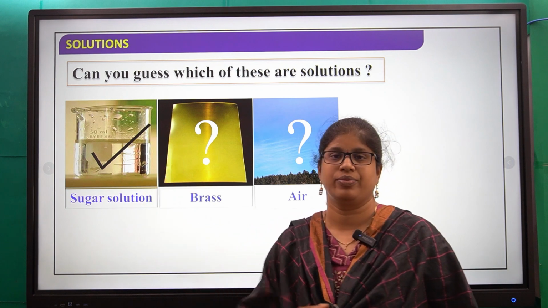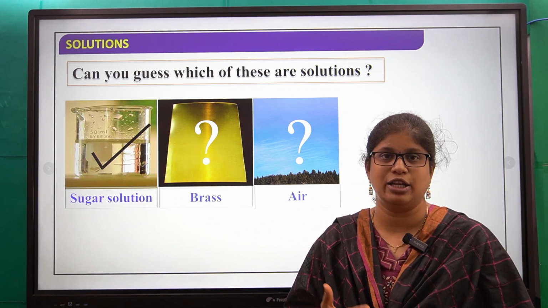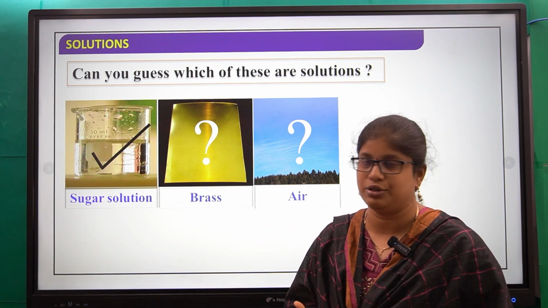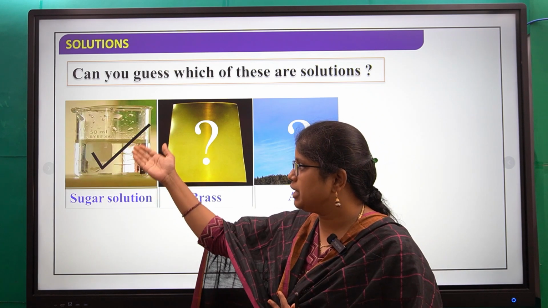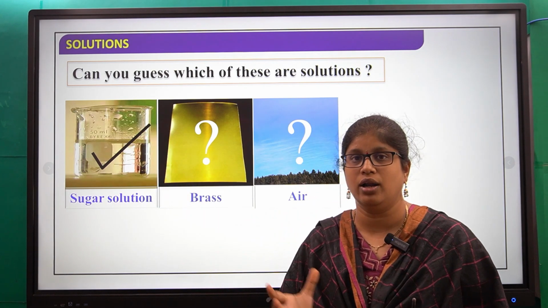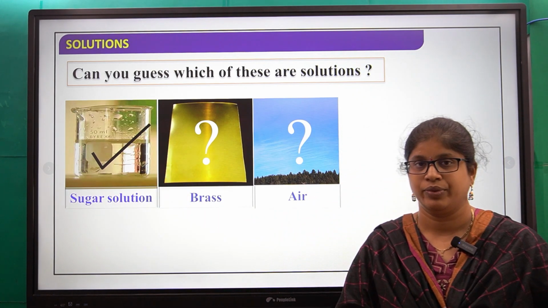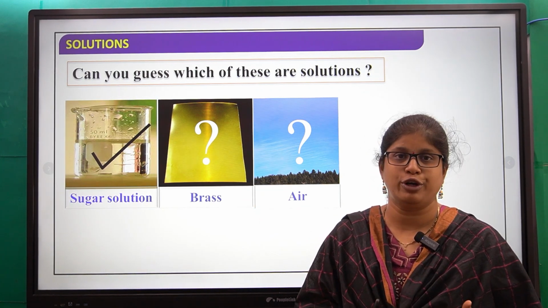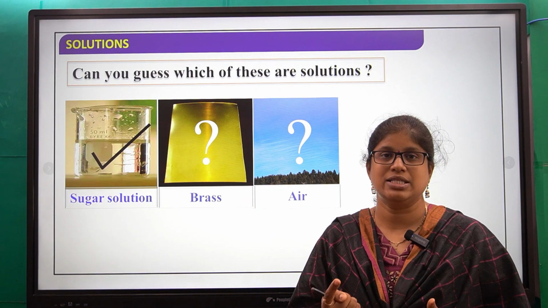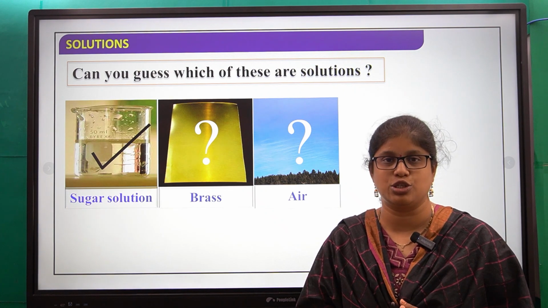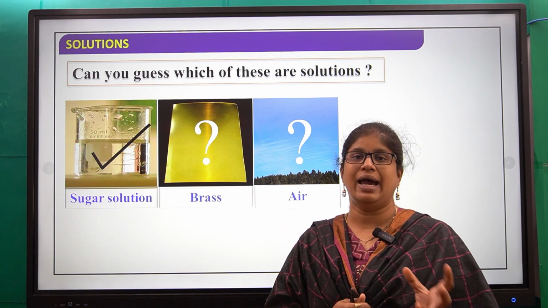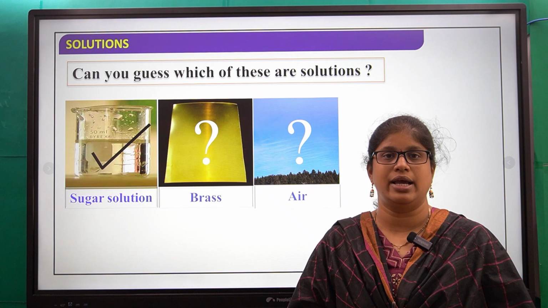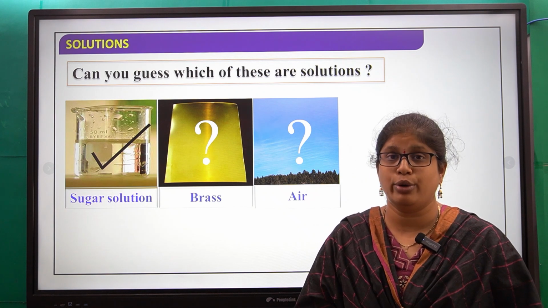Everyone can blindly say that sugar solution is a solution, because we generally use the word sugar solution. When sugar is mixed in water we get sugar solution in liquid form. Likewise, when salt is mixed in water we get salt solution, and when we add HCl to water we get HCl solution, and NaOH solution.